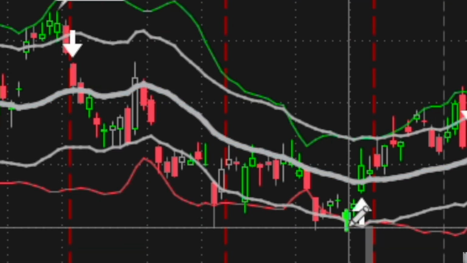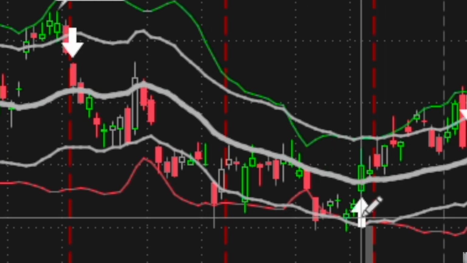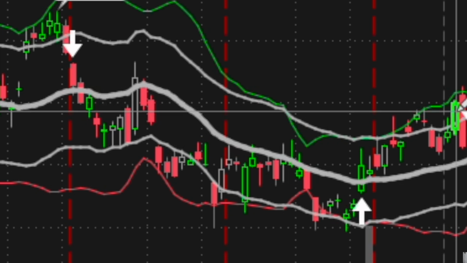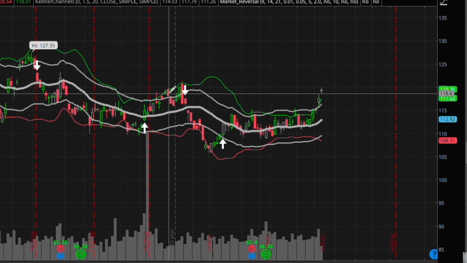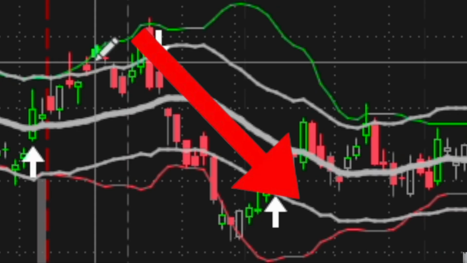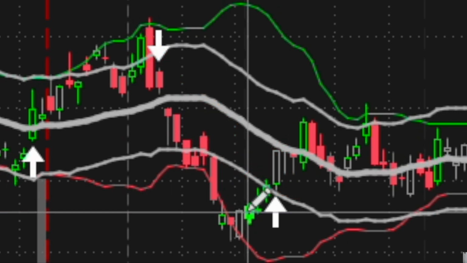Markets are going up. Markets had been going up for a few months, and in fact, COP has been going up too. So you would be inclined to take a bullish trade. However, if you just go forward a couple of weeks, look what happened to COP.